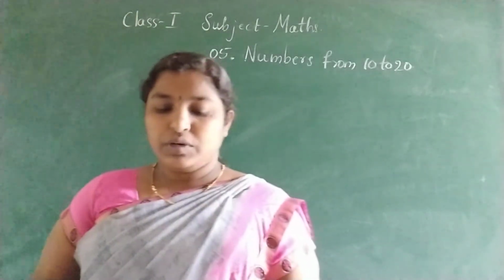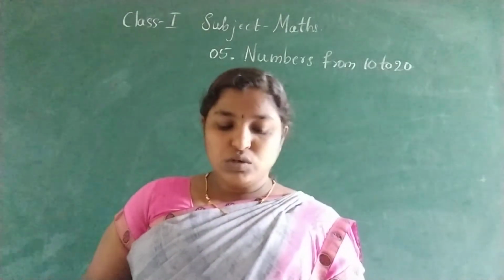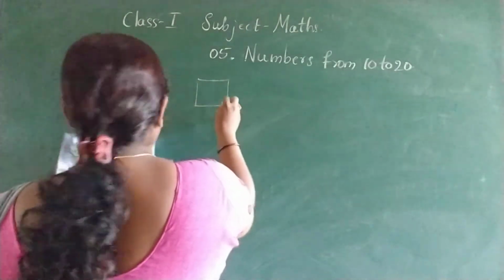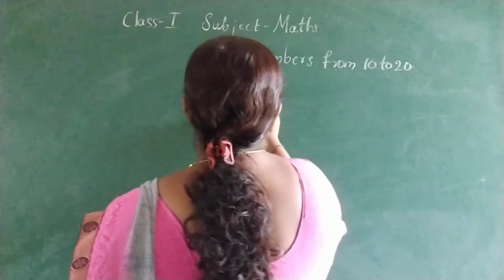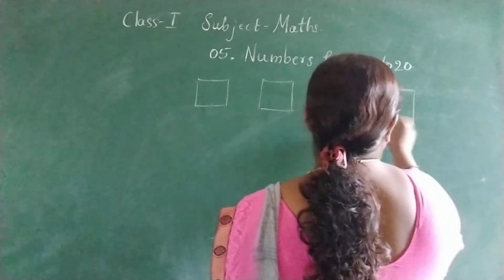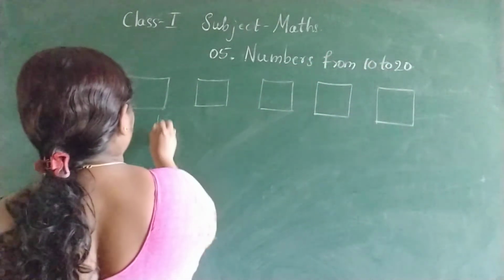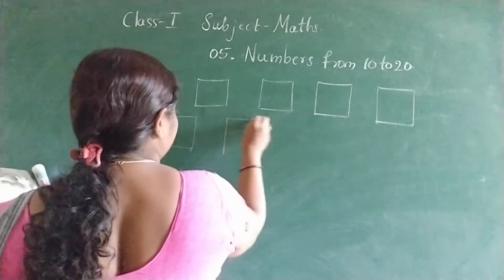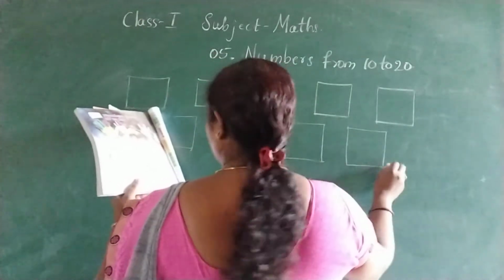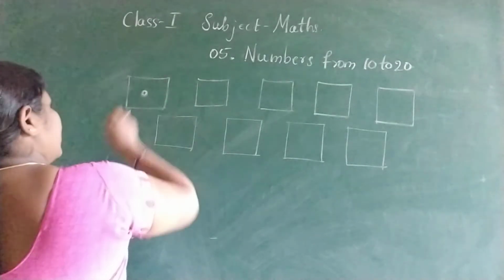Draw the correct number of dots in the empty boxes. Read aloud counting from 1 to 9. First, this is 1 with 1 dot.